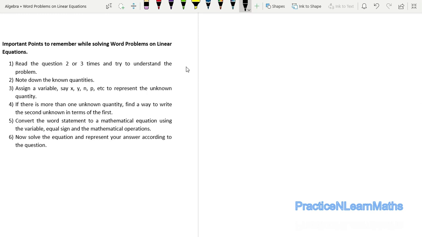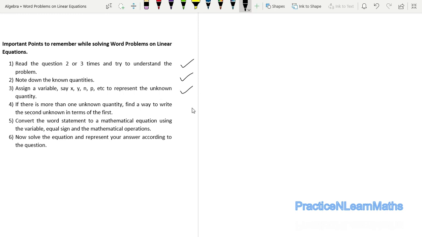Now come important points to remember while solving word problems on linear equations. Step 1 is read the question 2 or 3 times and try to understand the problem. Second step is note down the known quantities. Third step, assign a variable, say x, y, n, p, etc., to represent the unknown quantity.